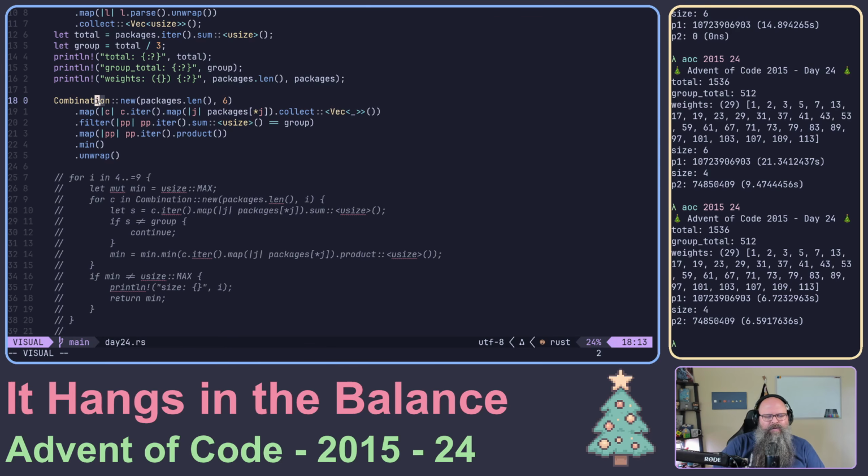I can also do, I mean, this is kind of cheating because I have 6 right here. Like my original thing was 4 to 9. This is what you do with these problems. I don't know if you've ever done problem solving like Sudoku or other things like that.